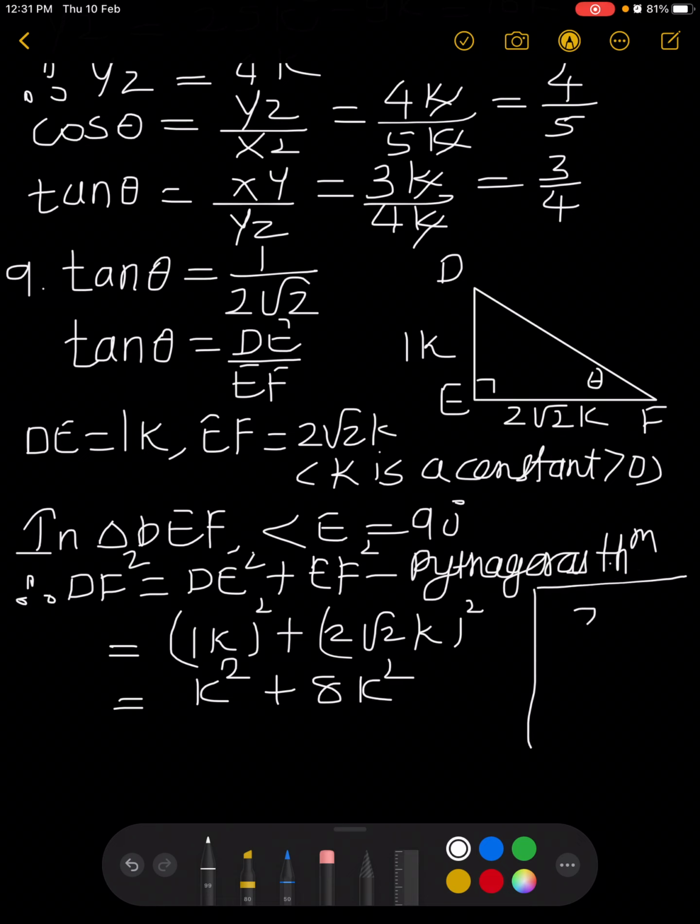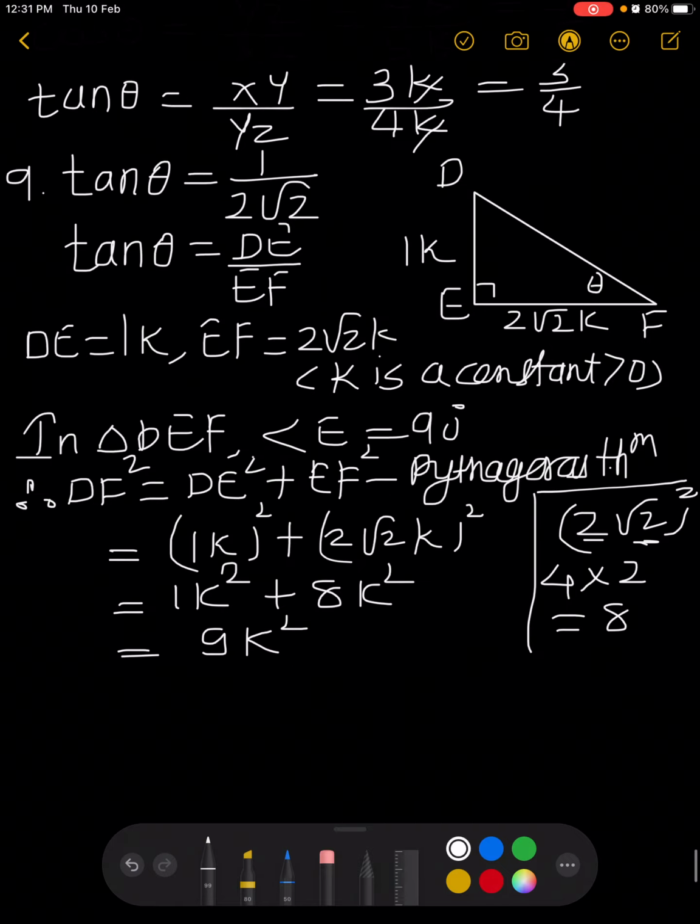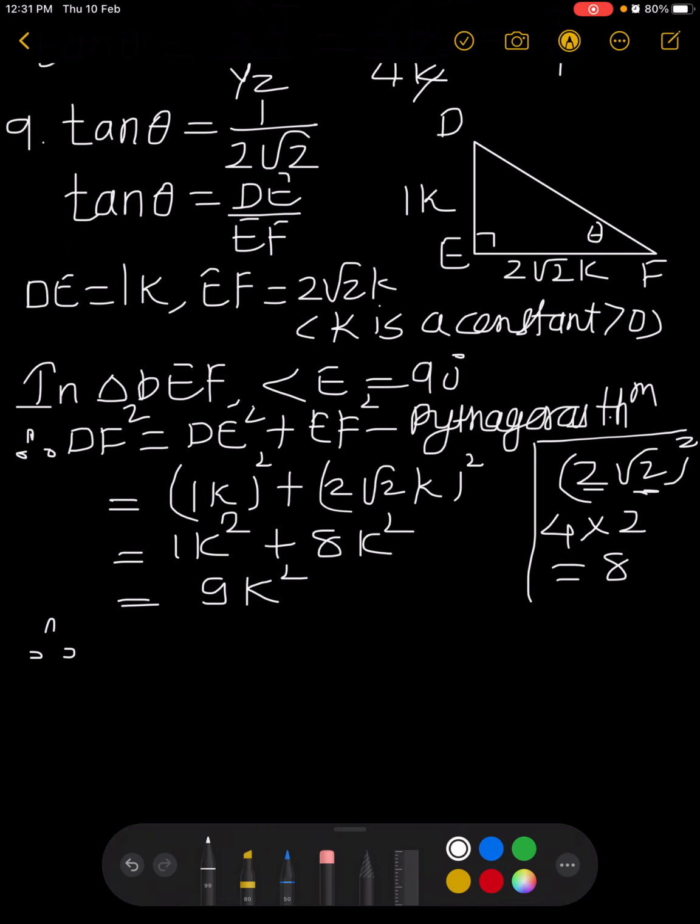I'll show you separately. 2 root 2. First the square of 2 becomes 4. The square of root 2 becomes 2. That gives you 8. And this is 1k squared. 8k squared gives a total of 9k squared. Now we write DF as square root, 3k.